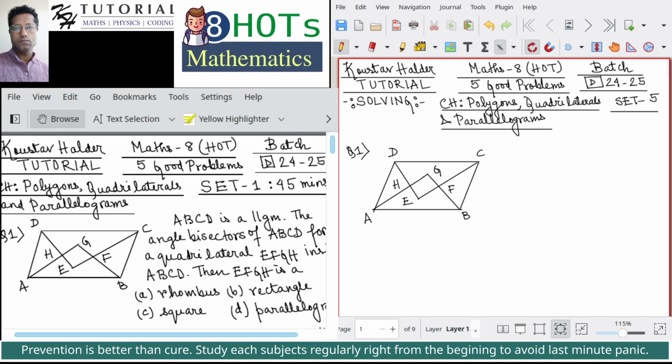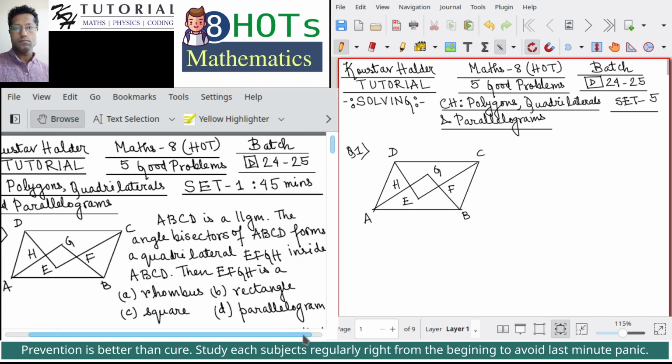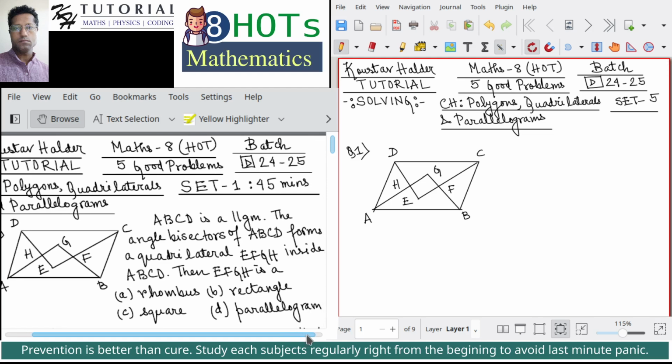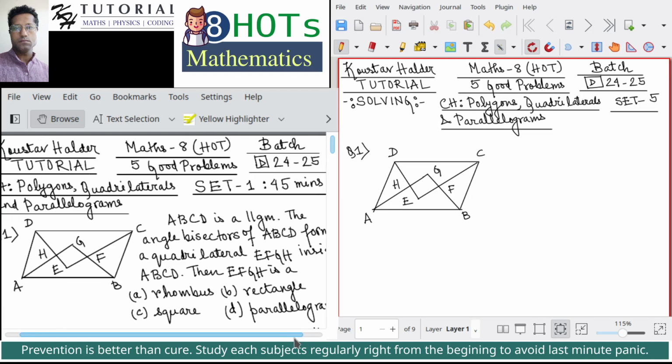The first problem says that ABCD is a parallelogram. The angle bisectors of ABCD form a quadrilateral EFGH inside ABCD. Then EFGH is a rhombus, rectangle, square or parallelogram. Okay.